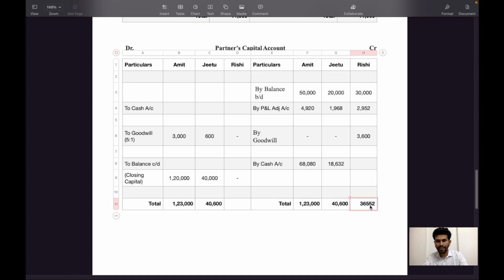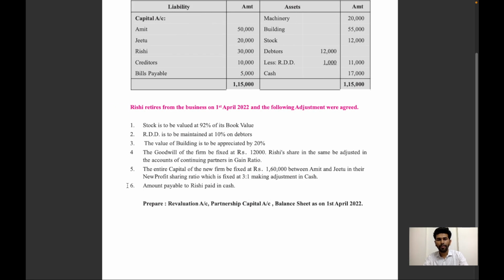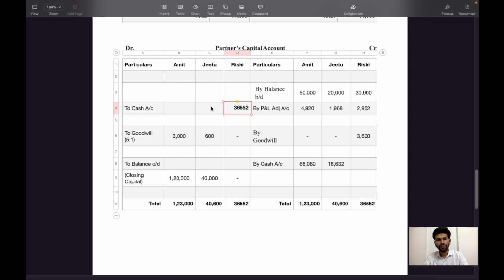So this amount of Rishi capital will be shifted to debit side and it will be paid in cash, because adjustment number 6 says that amount payable to Rishi paid in cash. So the balancing figure of Rishi capital account will be paid in cash.